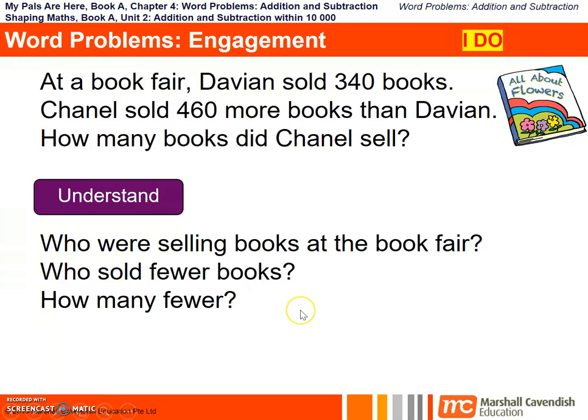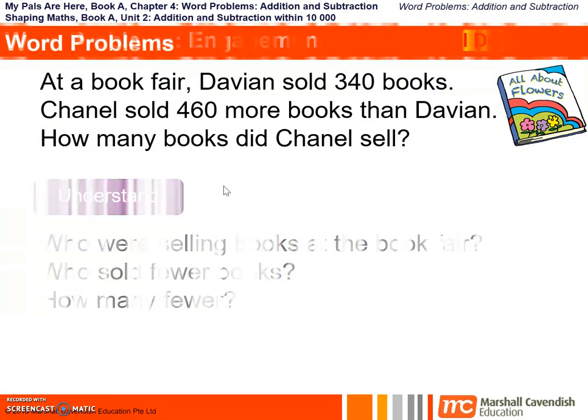So, since Chanel sold 460 more books than Davian, therefore, we can also say Davian sold 460 lesser or fewer books than Chanel. So the answer is 460 fewer books. Well done. Let's go on.